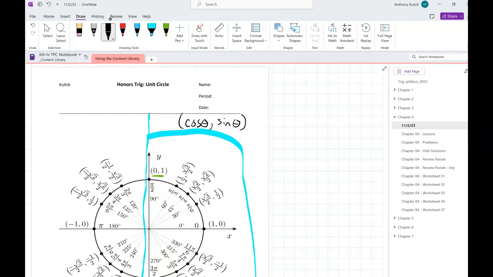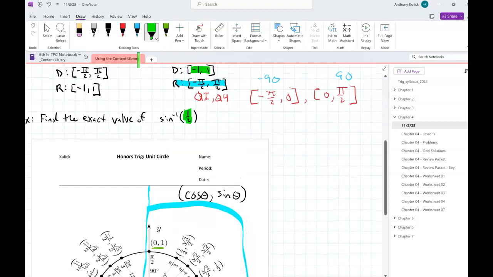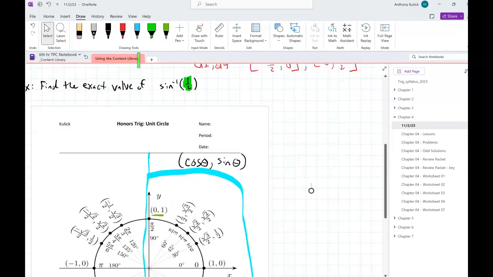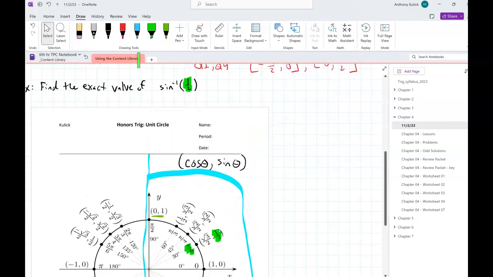Since I'm doing sine inverse of 1/2, I'm going to look in quadrants 1 and 4 for where the y coordinate is 1/2. That's the only place I see in quadrants 1 and 4 where it's 1/2. Do you guys agree? So that tells me my answer should be pi over 6, because we were doing sine inverse of 1/2.